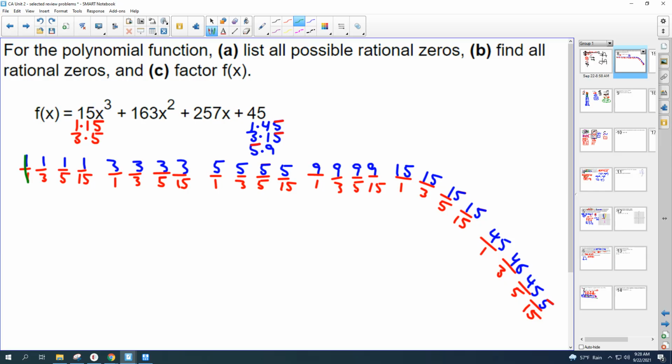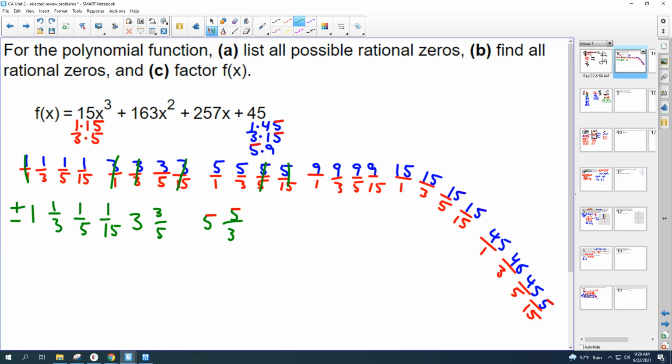So this one's 1, plus or minus 1. It's got to be plus or minus. And I've got 1/3 and 1/5 and 1/15. And then this one's 3, and this one's 1, I've already got that. And then we've got 3/5. And this one reduces to 1/5, I've already got that. Here's 5 and 5/3. That reduces to 1, I've already got it.